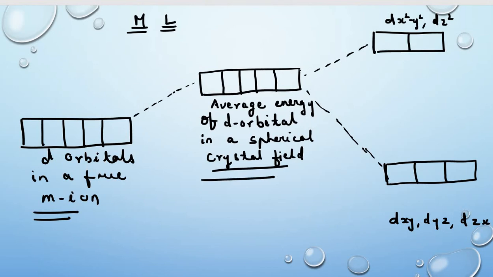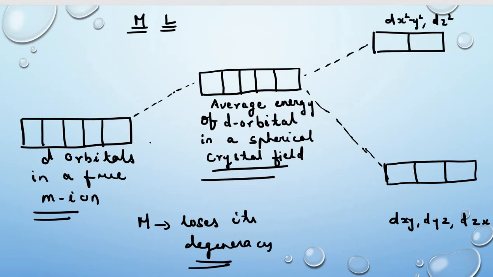Now, what happens when the ligand approaches the metal? The metal loses its degeneracy, and thus it will be split into two sets. The first one is dxy, dyz and dzx, and the second one is dx square y square and dz square.